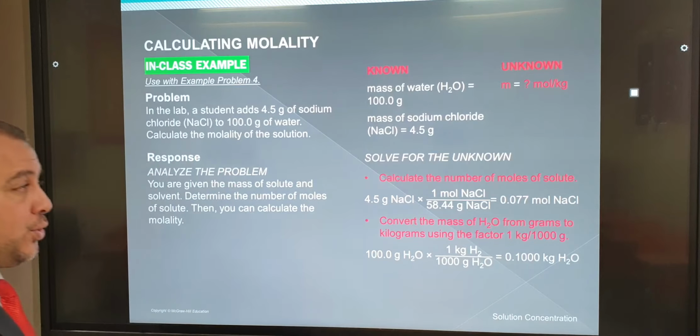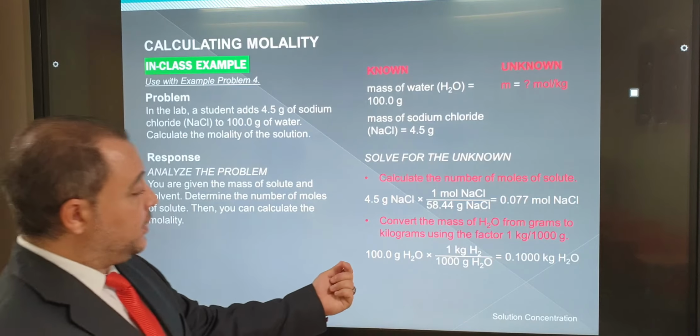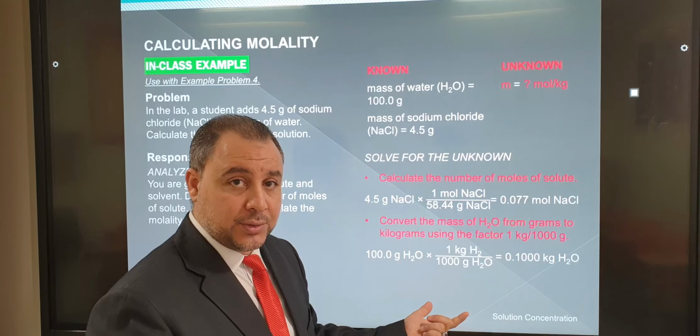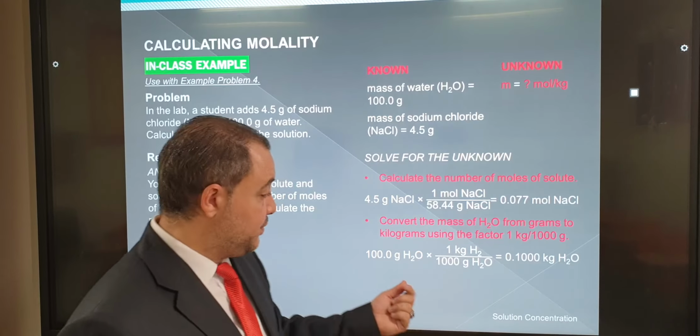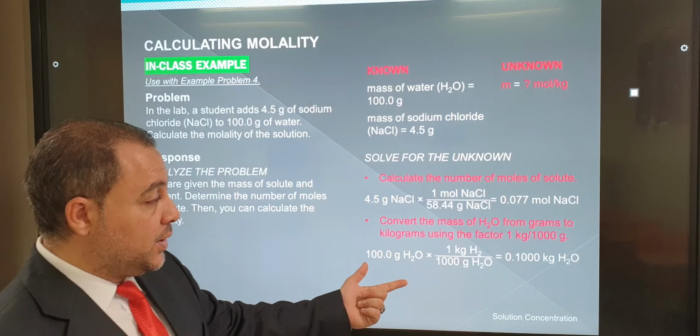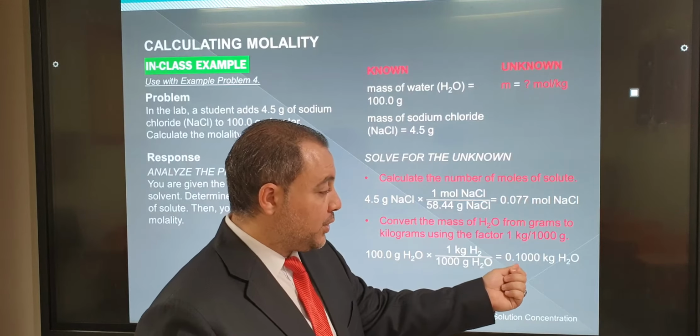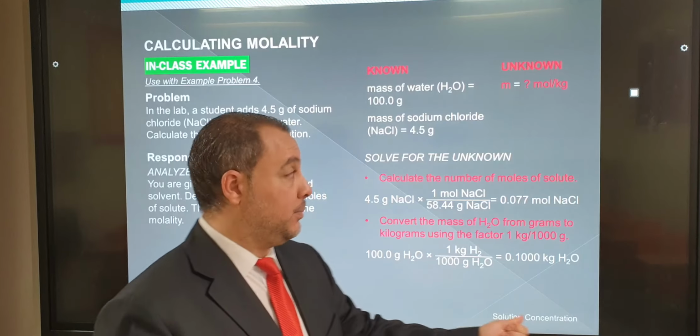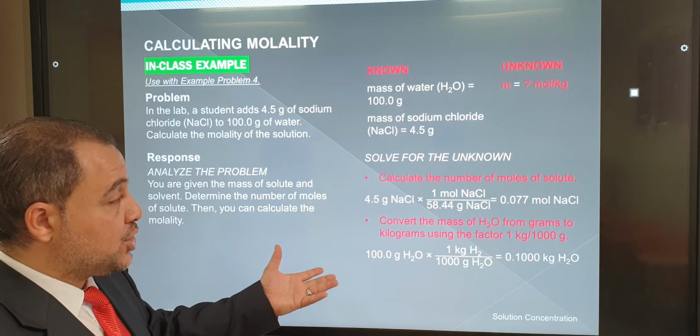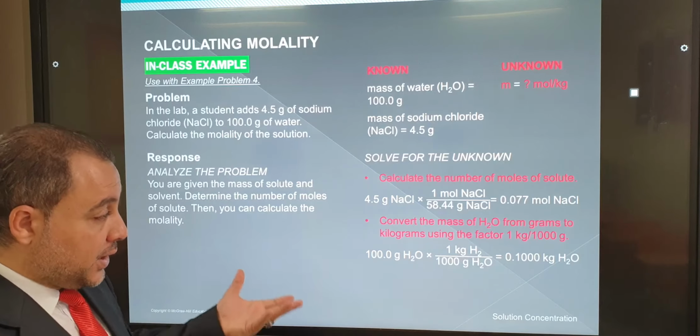Convert the mass of H2O from grams to kilogram. You must solve it in kilogram, not gram. Take this 100 gram and divide by 1000 to change it. 100 divided by 1000 equals what? Equals 0.1 kilogram.